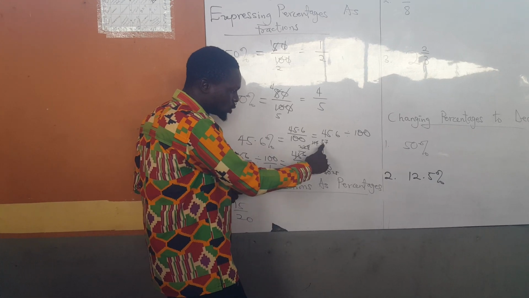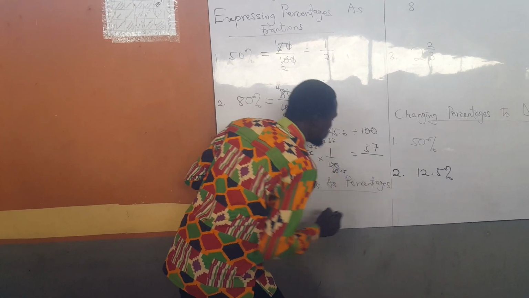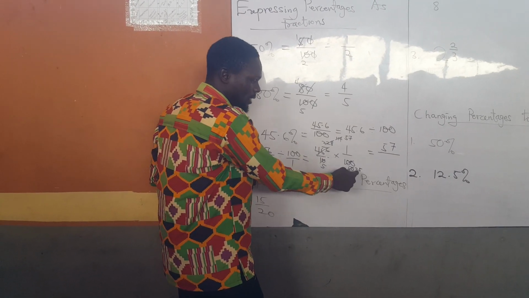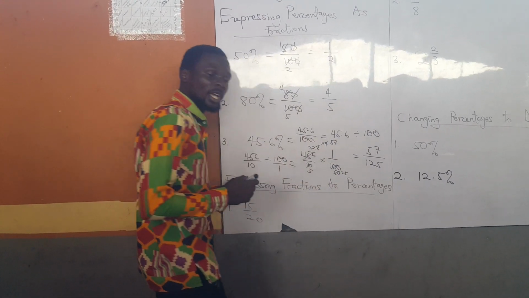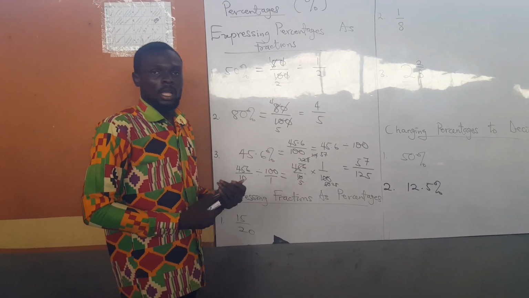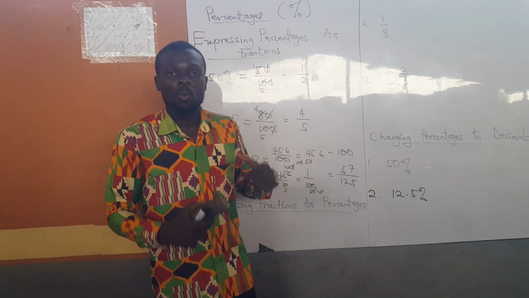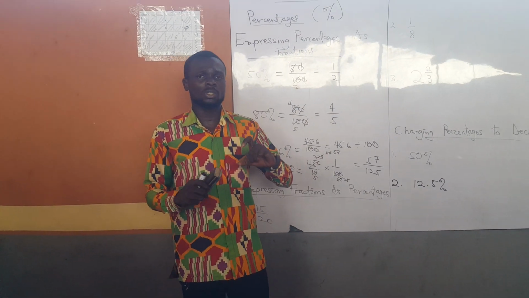So this number, which is now 27 times 1, is going to give us 57 over this number that we are having, 5 and 25. If you multiply, we are going to get 125. Now when you look at this, you are now having 57 over 125.